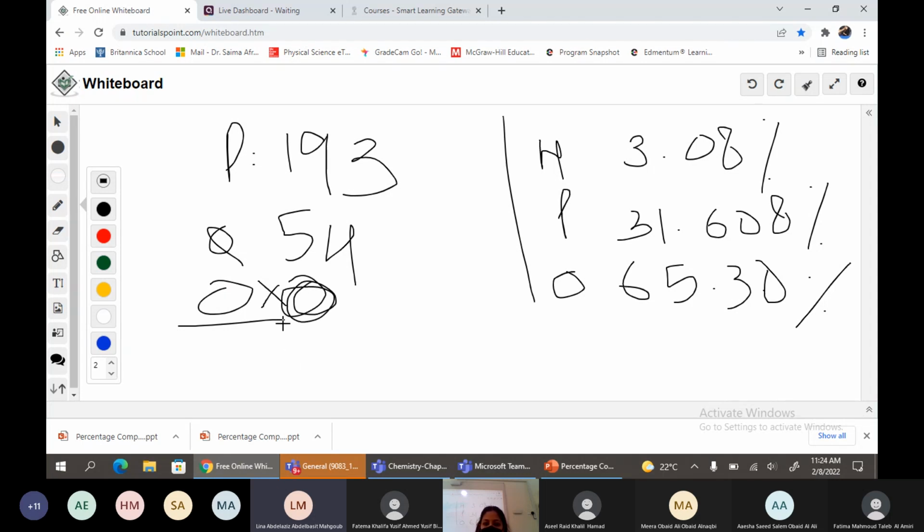This is very important. You are not always multiplying by 1. It depends what formula you have. And down you will be putting the total molar mass of the compound. And of course, because we are calculating the percentage, you will be multiplying by 100.